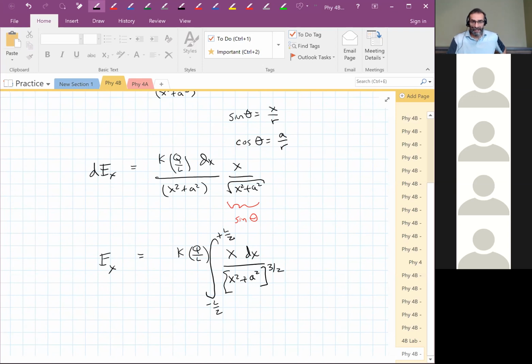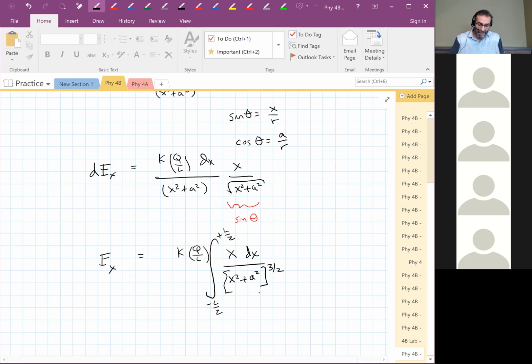Now, you probably have learned how to do integrals like this. That's math. That's great. You should know how to do that. In my class, I would just look this up on an integral table. If you flip to the back of your physics textbook, they probably have integral tables in there. If you look on the second sheet of the formula sheet, there's a small integral table there.